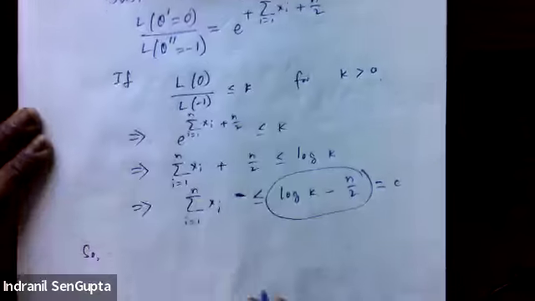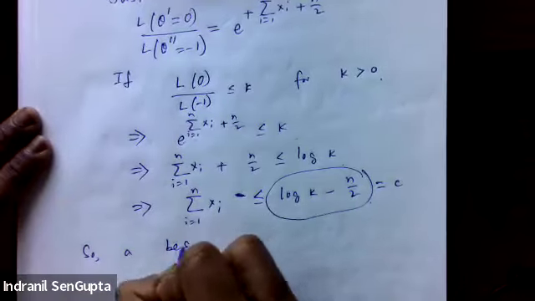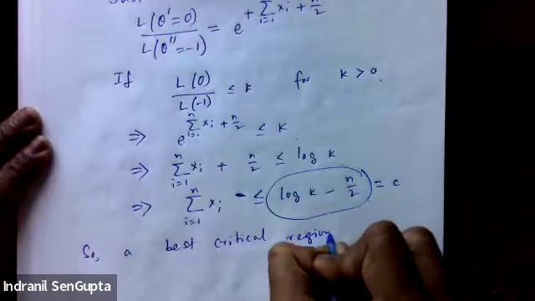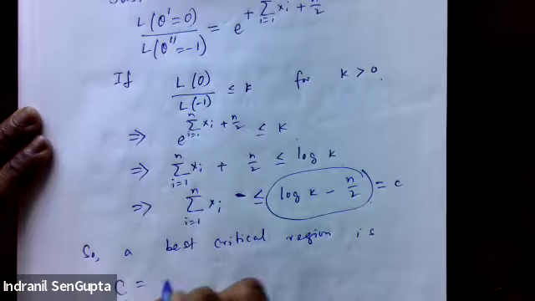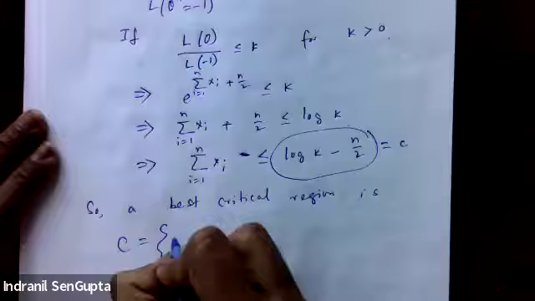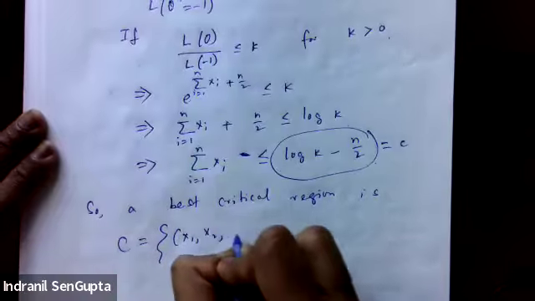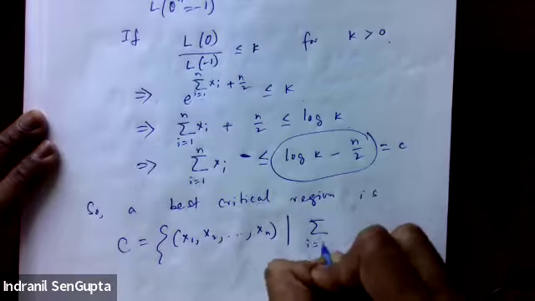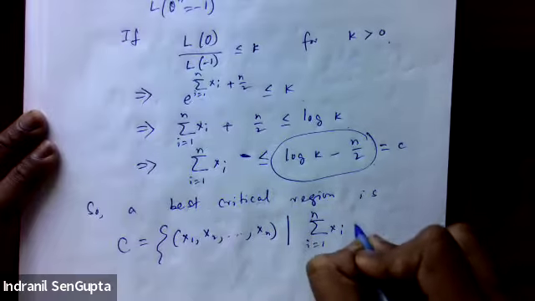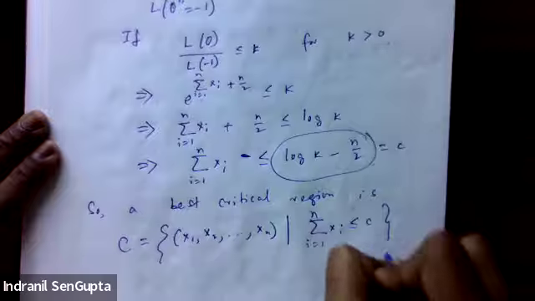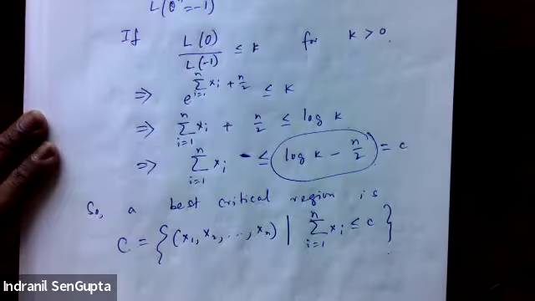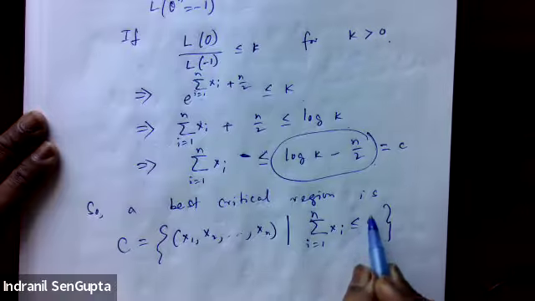So a best critical region is C, where I'm just copying from the last problem. It's the set of x1, x2, ..., xn such that the summation of xi, i from 1 to n, is less than C. Last time it was bigger than C, now it's less than C. And this constant C can be used to determine the significance level of the region.